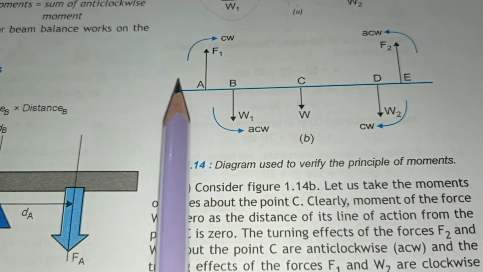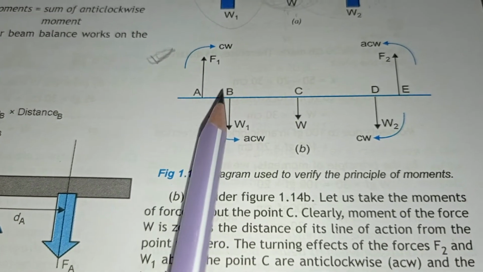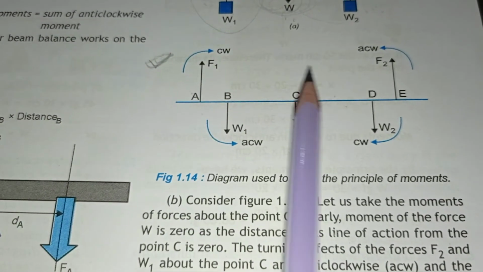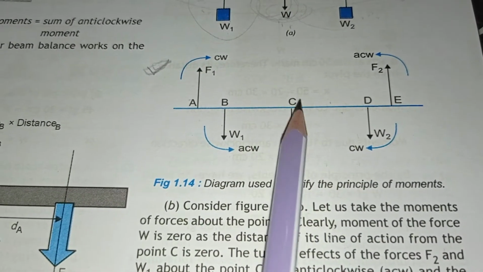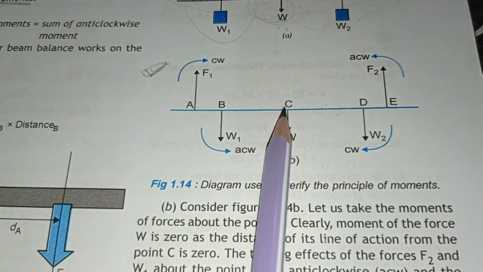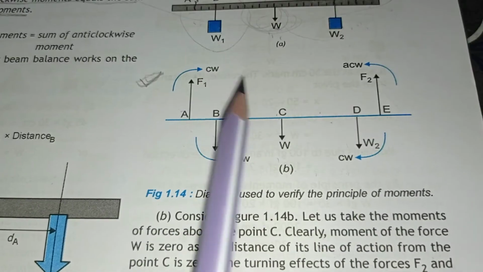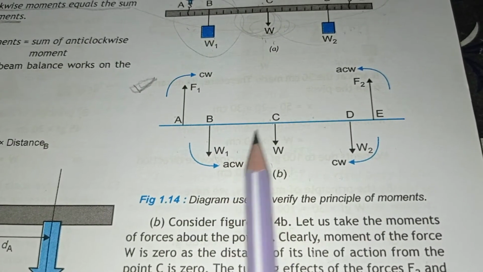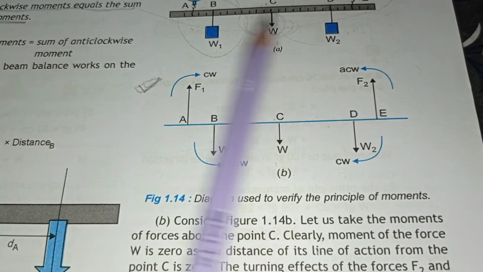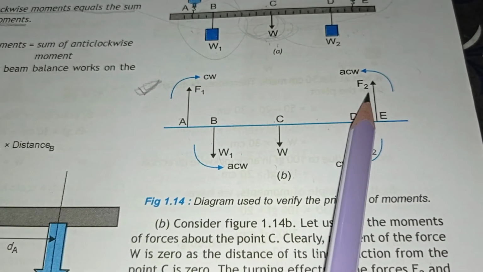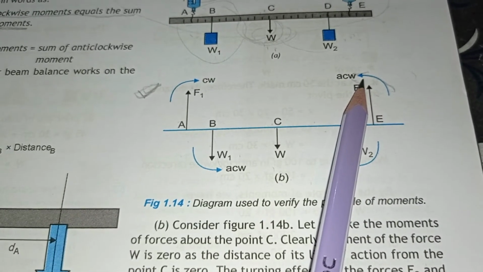Another verification can be illustrated with this example. Here C is the center of gravity again, W is the weight, and F1 and F2 are in the upward direction. Here are two weights, W1 and W2. It is clear from the diagram that the turning effect of F2 is in the anti-clockwise direction.